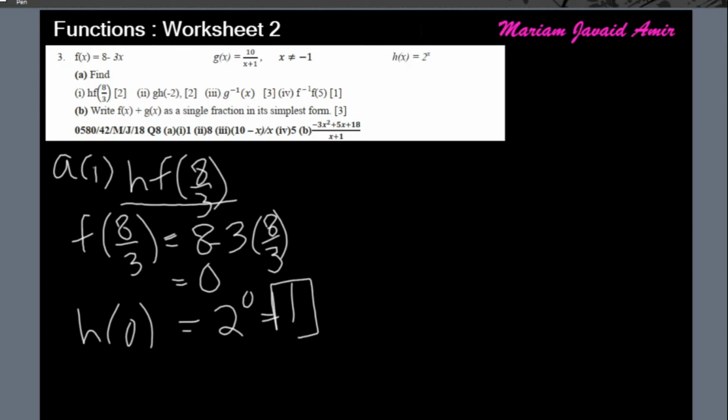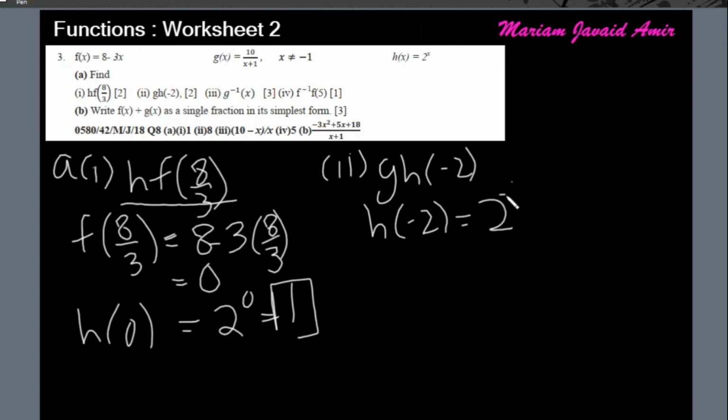For A2, we have to find gh minus 2. So let's find h of minus 2 first. In the function hx, replace x with minus 2 and we get 1 by 4. Next we'll write g of 1 by 4.